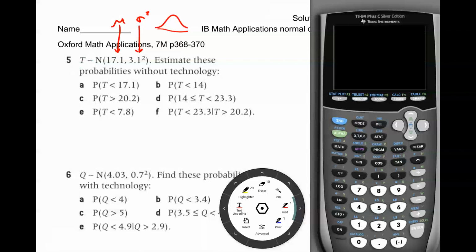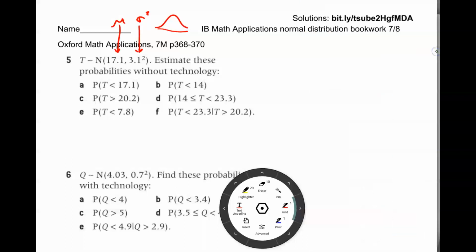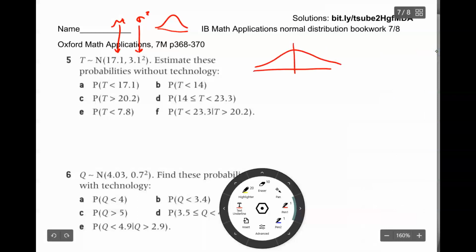Okay, so it says to estimate these probabilities without using technology. So let's try to do that. First thing we're going to do is, as usual, and since we're not going to use technology, I'm just going to cover up the calculator for a while. I'm going to draw a picture like we normally do, and in the middle I'm going to put 17.1 because that's the mean. If I draw standard deviation lines, they're going to be separated by 3.1.